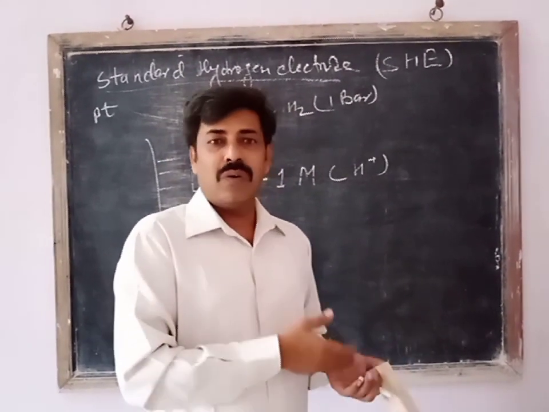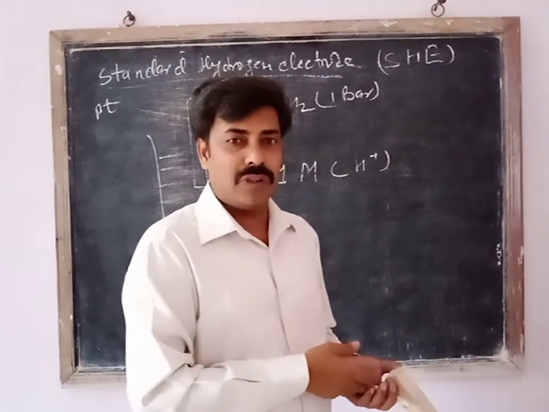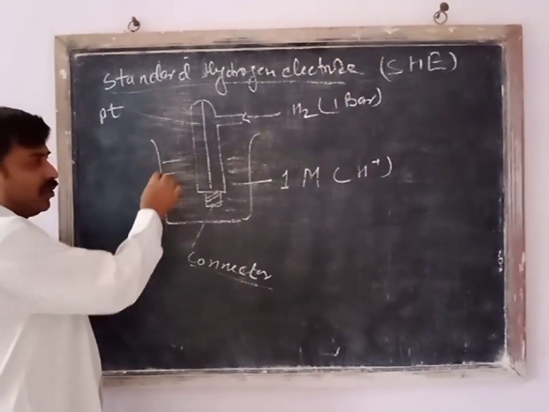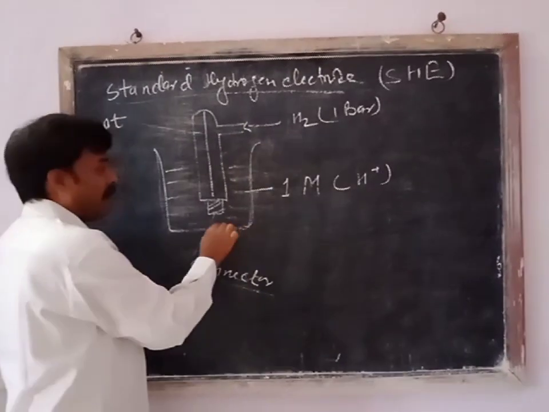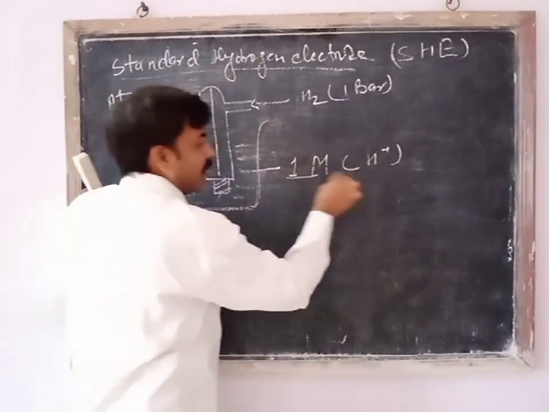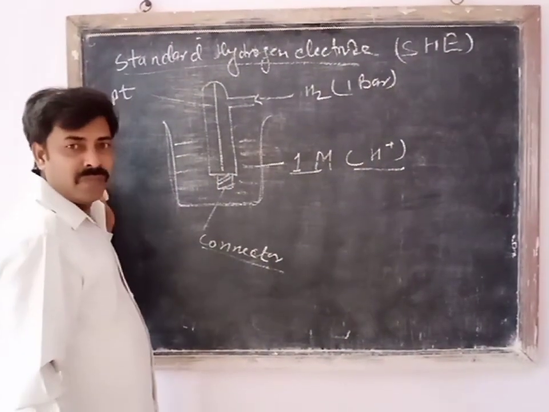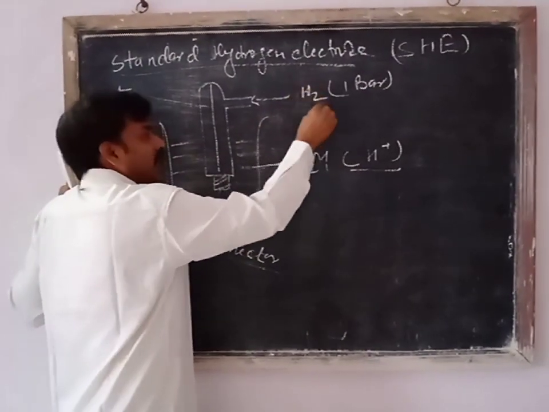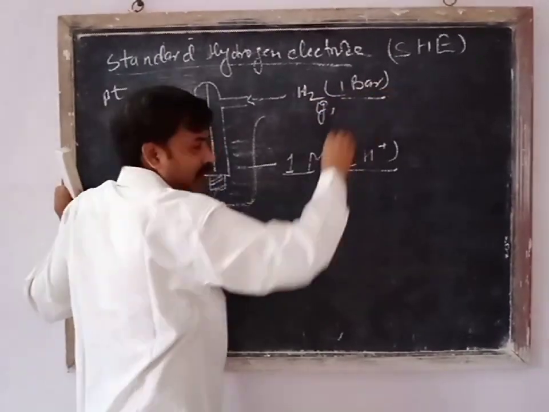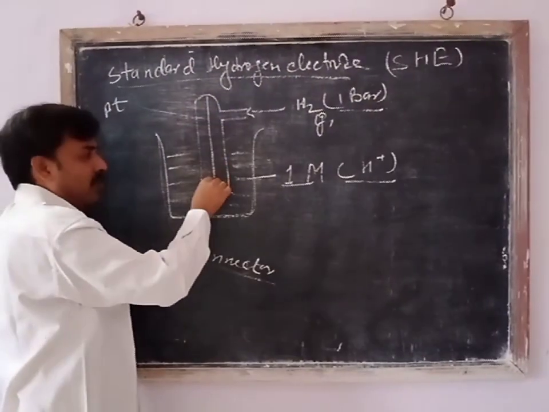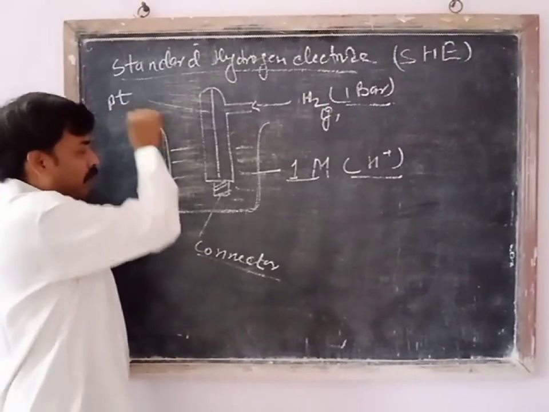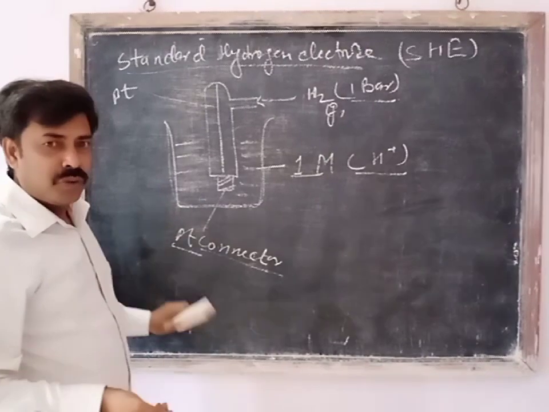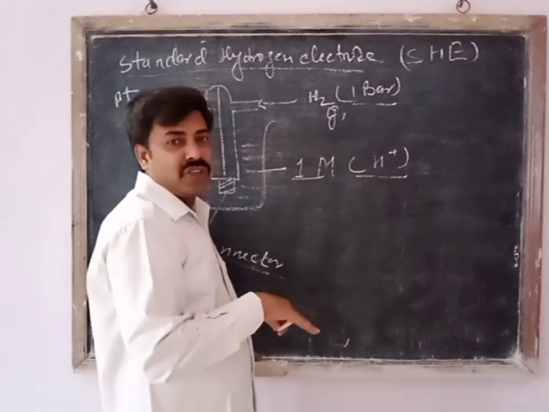So here we are seeing what the standard hydrogen electrode is and what its composition is. In the figure you can see a beaker in which 1 molar acid solution is taken. In this container we have filled hydrogen gas at 1 bar pressure, and here is the connector, a wire of platinum. Platinum is used to reduce the resistance of the system.